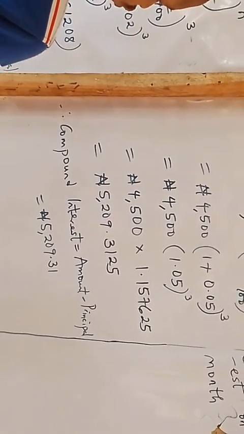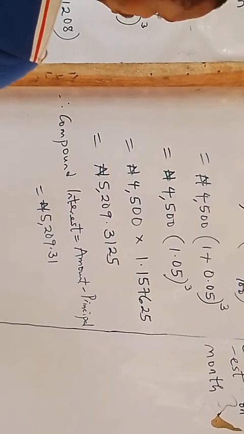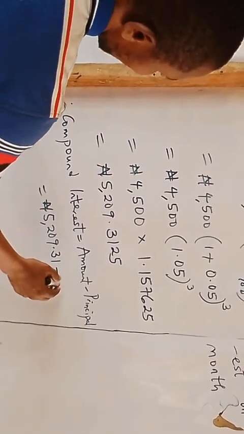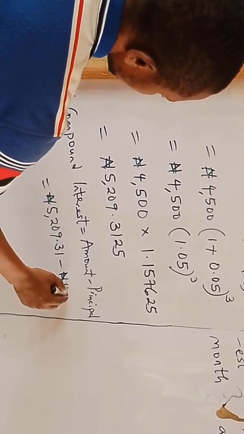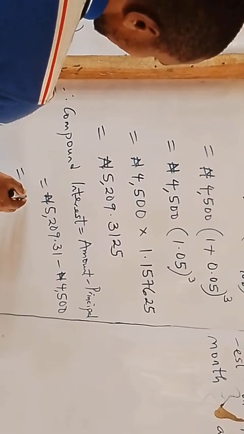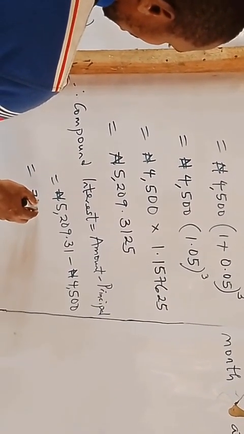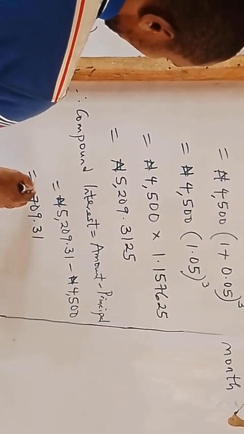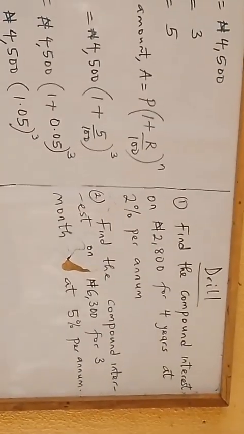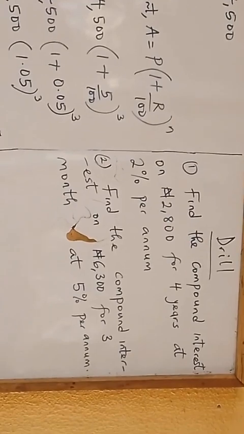That is 5,209 naira 31 kobo. I said to round it up to 2 decimal places, minus 4,500 naira, which is our principal. Then our answer will be 709 naira 31 kobo.